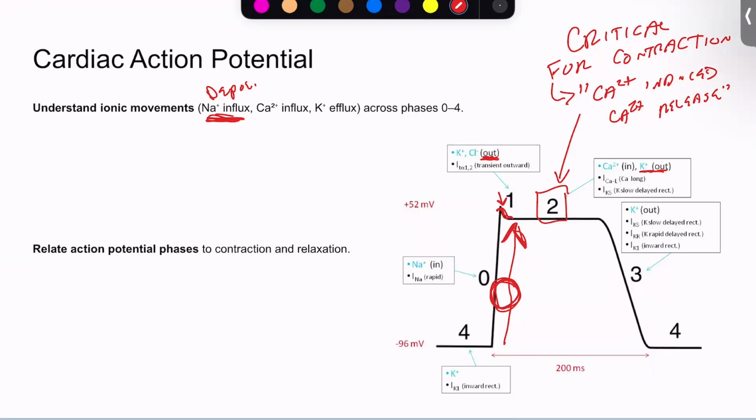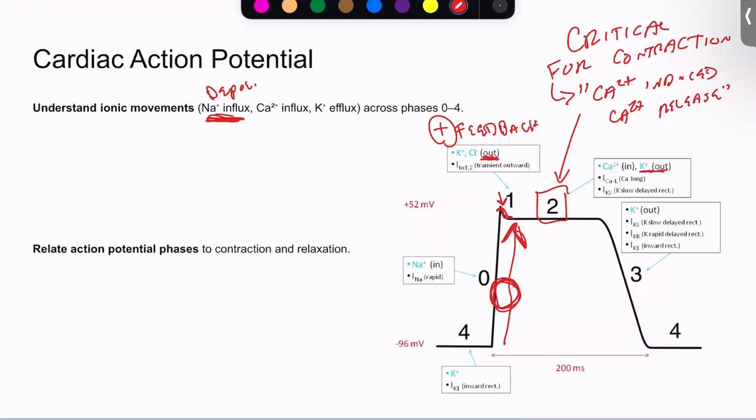And so what that is, is the release of calcium causes more calcium to be released. So if you guys remember, that is a positive feedback mechanism. And so what this does is it produces sustained ventricular contraction, and it allows for all of our blood to be ejected how it should be.